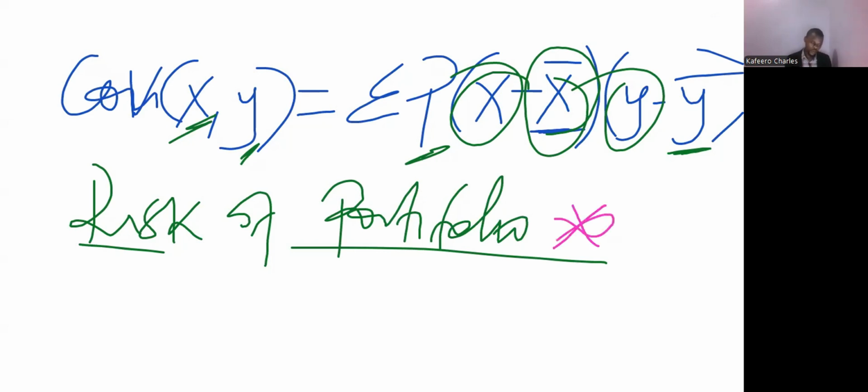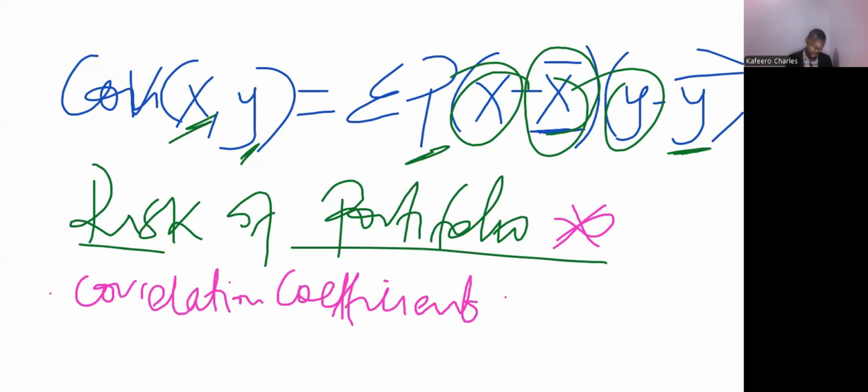But within the formula, we have two extra items that need separate formulas. So you need to first know how to compute a correlation coefficient.